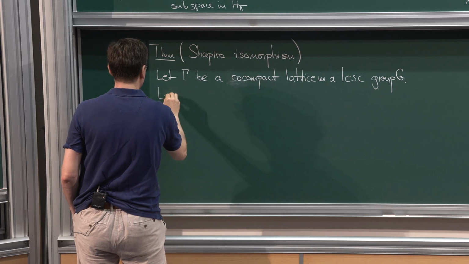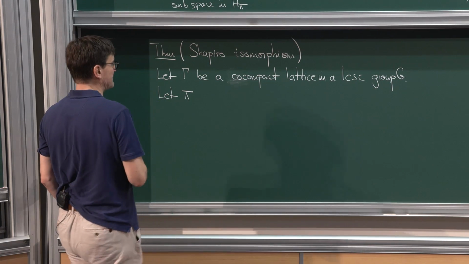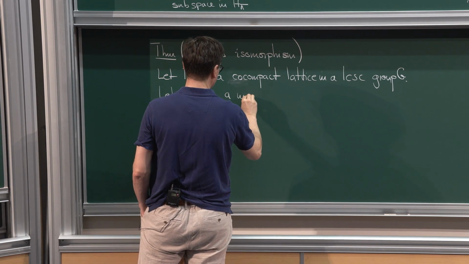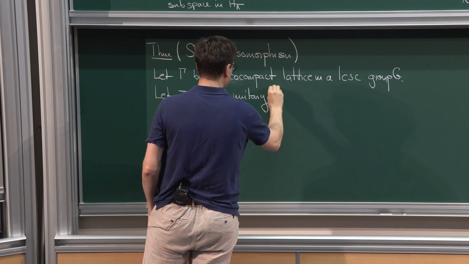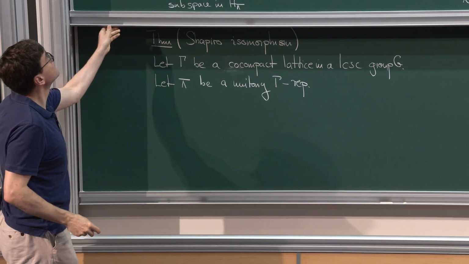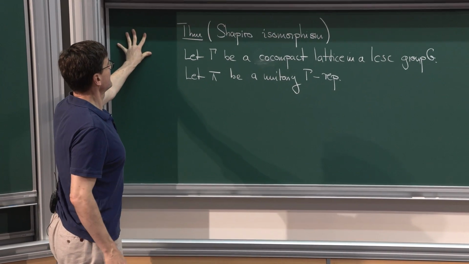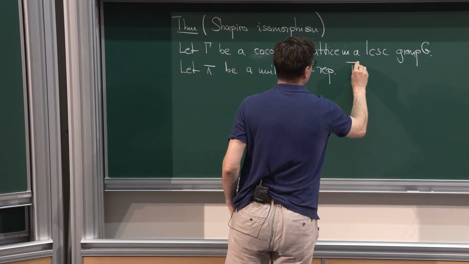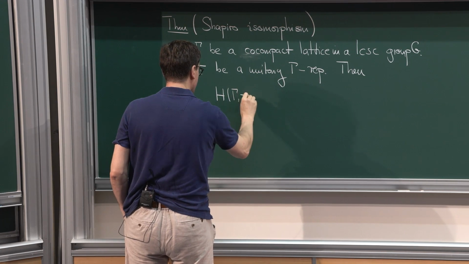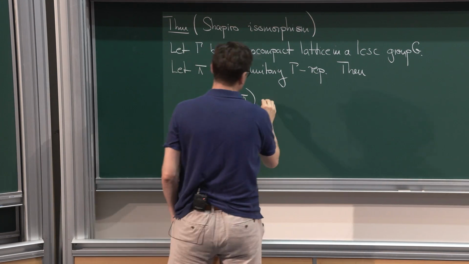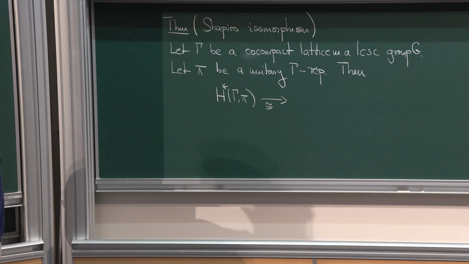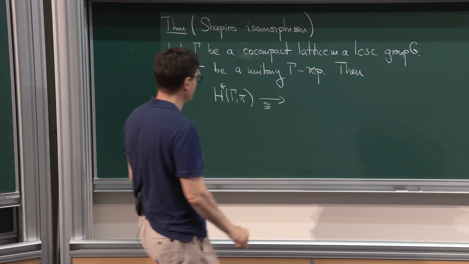And then we can compare the cohomology of gamma and G in the following way. Let pi be a unitary gamma representation. Then the cohomology of gamma in pi in all degrees is isomorphic, and there is a natural map that I will also explain a little bit, to the G cohomology.